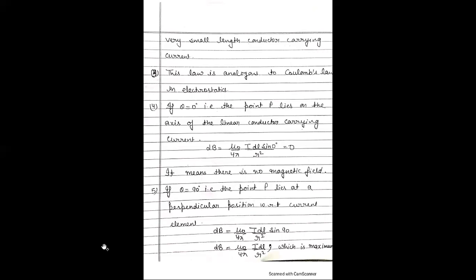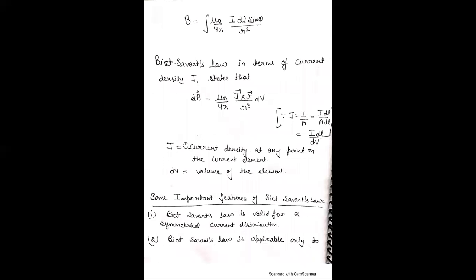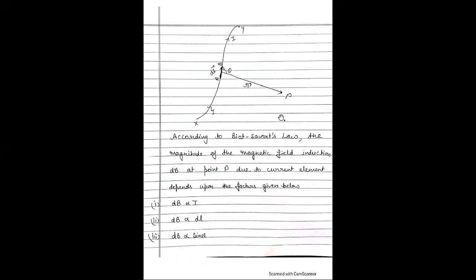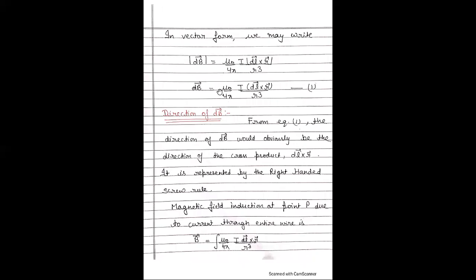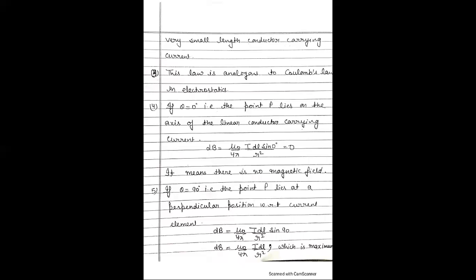And the next point, if theta is equal to 0, that is the point P lies on the axis of the linear conductor carrying current, then P lies on this current carrying conductor. Then dB is equal to 0, because the value of sine 0 is 0. Therefore, at this point, there is no magnetic field.